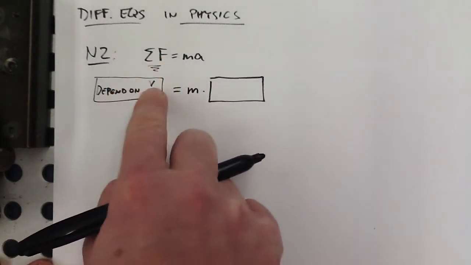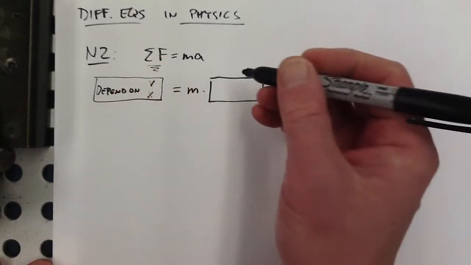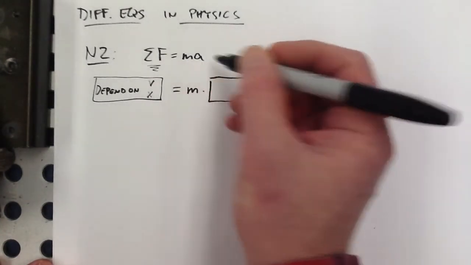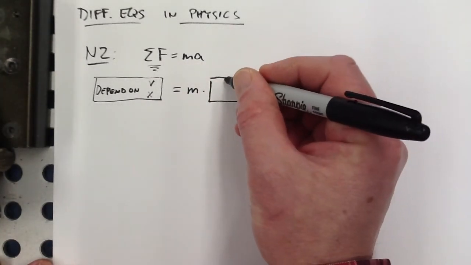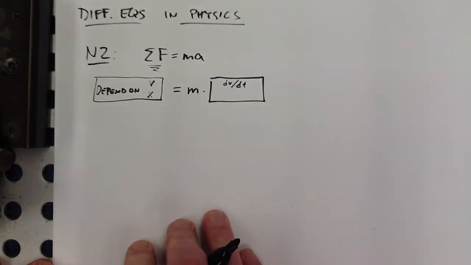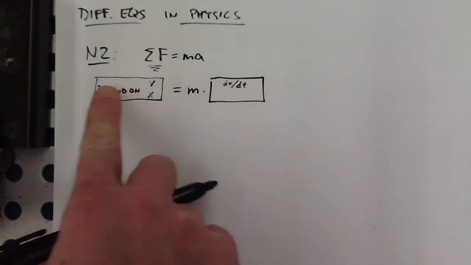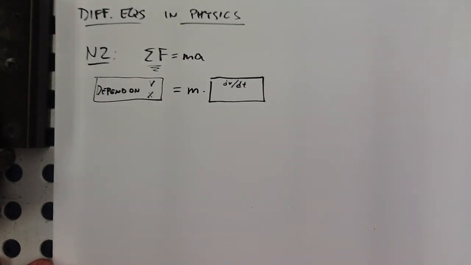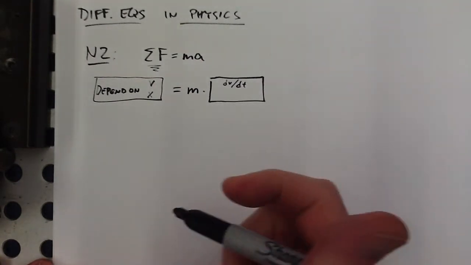If your force somehow depends on velocity, then you're going to turn acceleration into dv/dt, because that's a differential, because that v will match up with that, and then you can do differential equation stuff that you already know how to do.